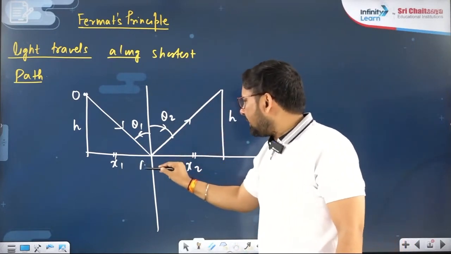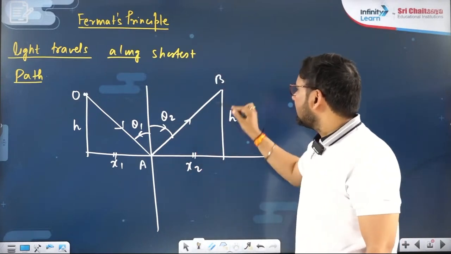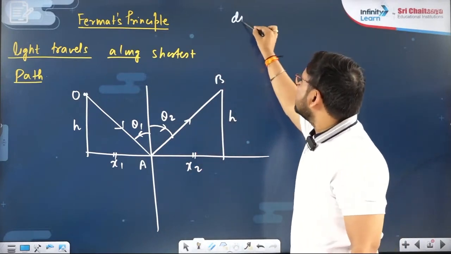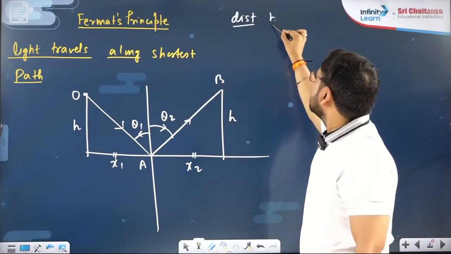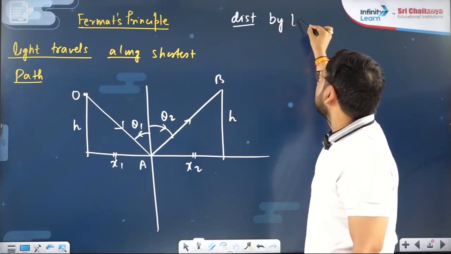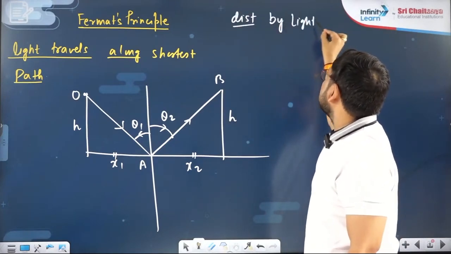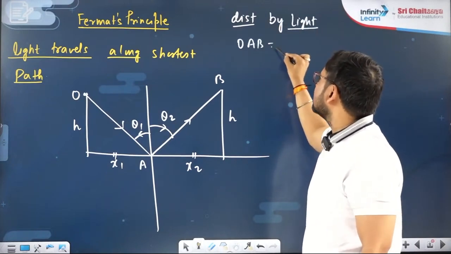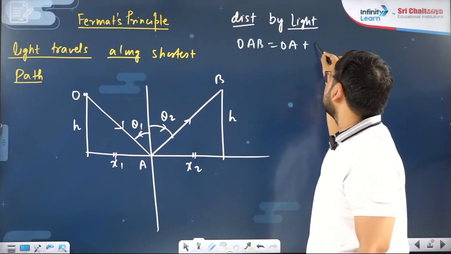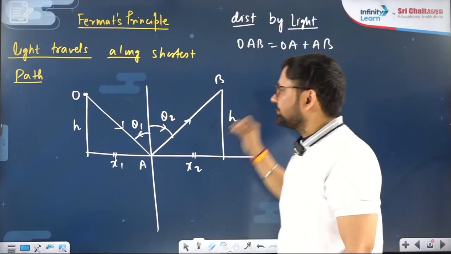This point is A, this point is B. So what is the distance traveled by light? The distance traveled by light will be OAB, that is OA plus AB.